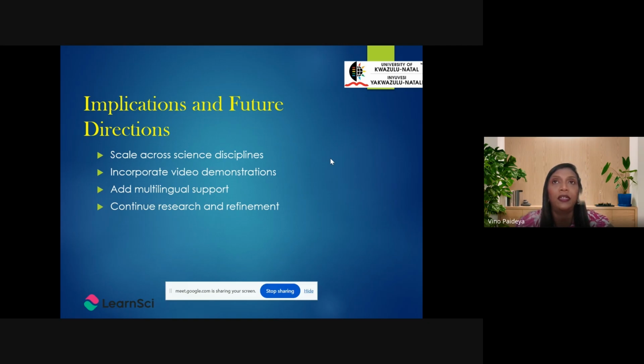So this work is scalable across science disciplines, and it can also incorporate video demonstrations, which we are working to include in the near future.